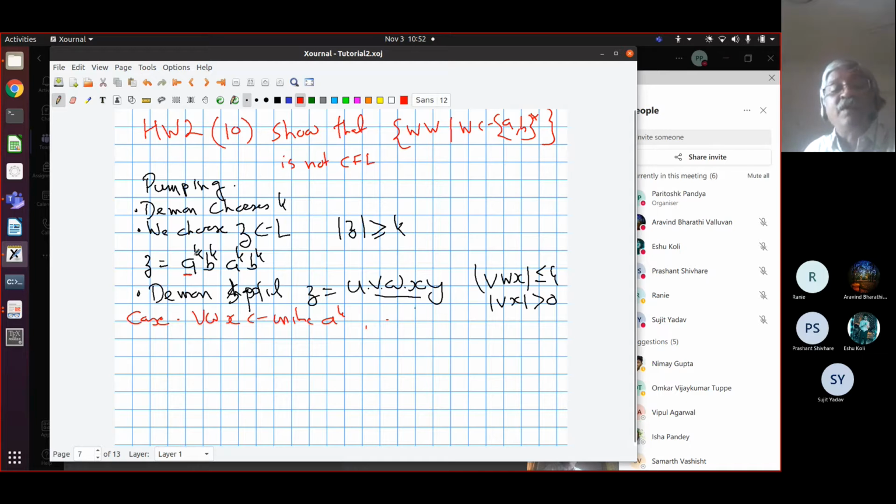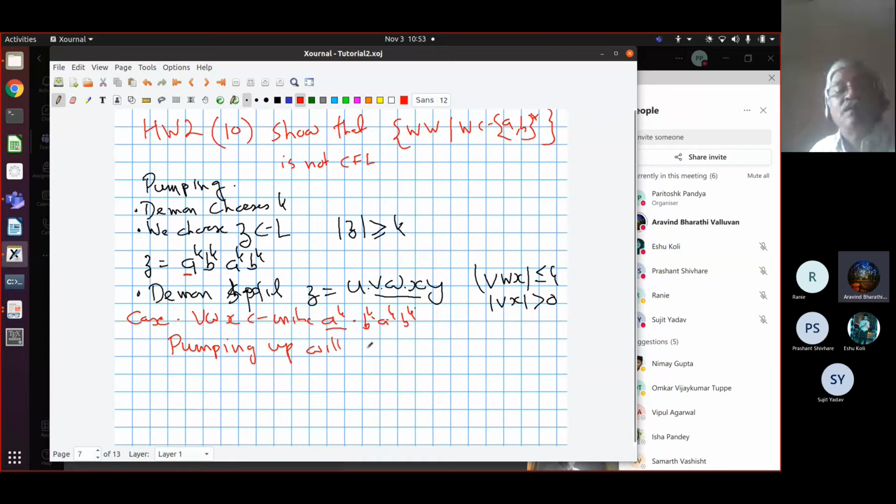In that case, by pumping up, you will only increase the number of a's, correct? And you can give the argument at this qualitative level. You don't have to use a lot of symbols. So it belongs to this part, a raised to K, b raised to K, a raised to K, b raised to K. I've underlined the part in which VWX belongs. In that case, pumping up will do what, Arvind?